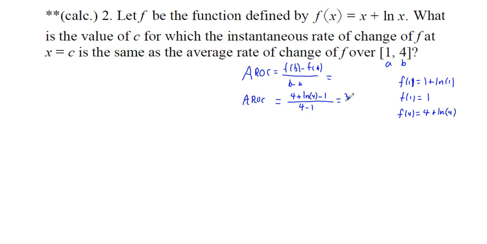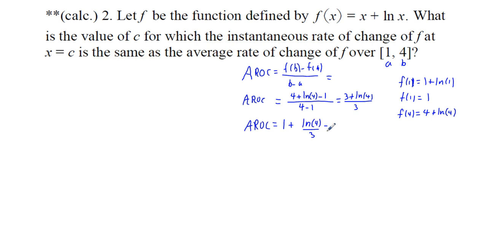So we're going to get 3 plus natural logarithm of 4 over 3. And that's going to simplify to 1. 3 over 3 is 1 plus the natural logarithm of 4 over 3.